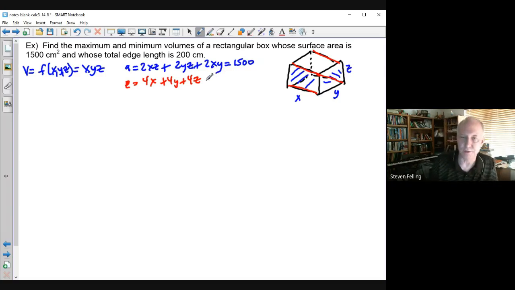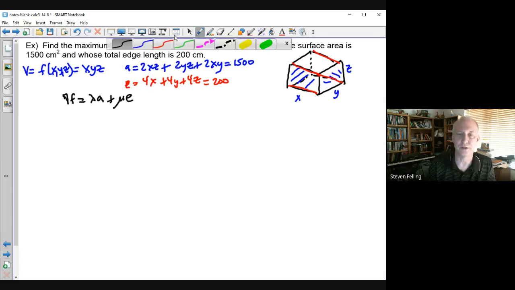And that has to be equal to 200 centimeters. All right, so I've got two constraints here, and I've got my multivariable function that I'm optimizing. So what we're going to be doing for the Calc 3 is saying that the gradient of the volume function has to be equal to lambda times the area constraint plus, let's call it mu times the edge constraint. Okay, so that's an E there, edge.